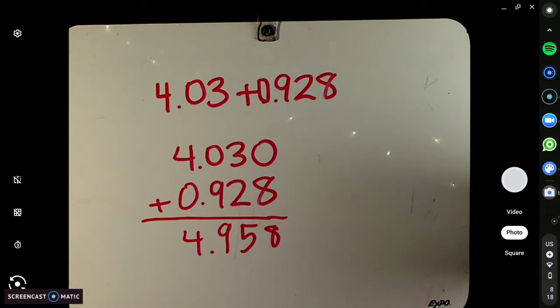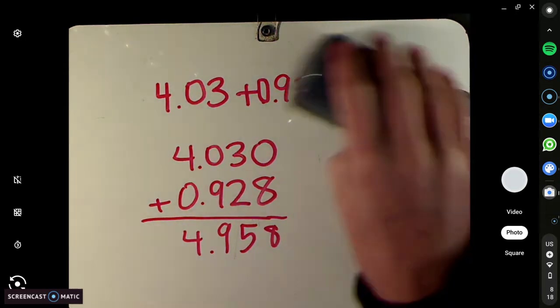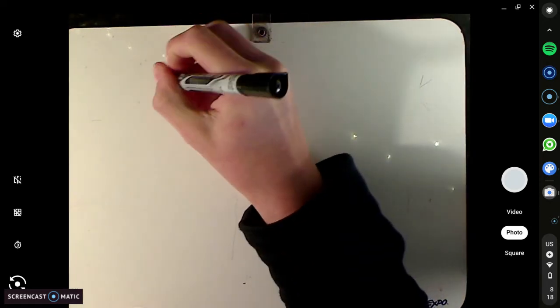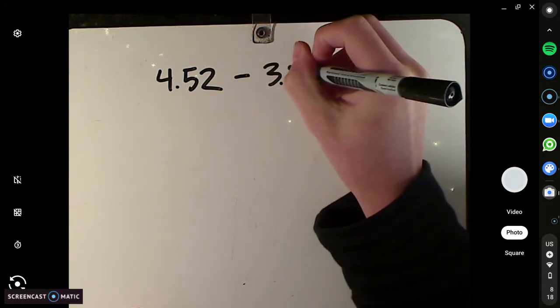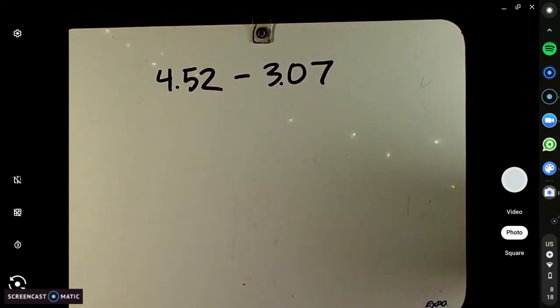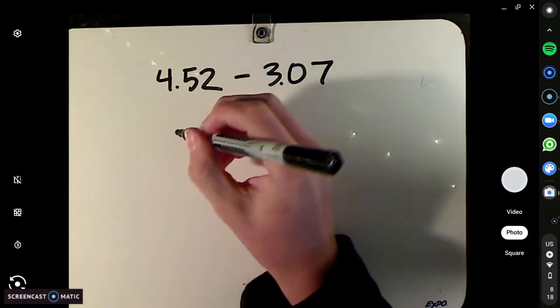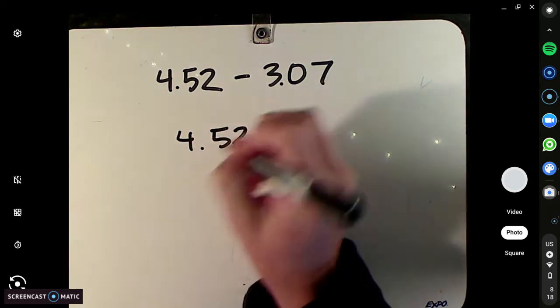Alrighty, let's go ahead and take a look at subtraction. I'm not going to show the slide again because subtraction is basically the same as addition except you're subtracting. Well, not the same numbers, but it's the same process, okay? You need to line up the decimal places when you put it in vertical form.